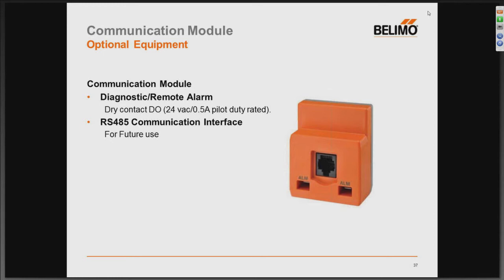However, the outputs that you see there for alarm are a dry contact, 24 volts, what have you. You can do a remote alarm, pilot light contact. You can tie it back into the thermostats that have remote alarm capability, have it be a buzzer located in a space near the thermostat that will energize to notify the people in the space that there's a problem in the rooftop unit.